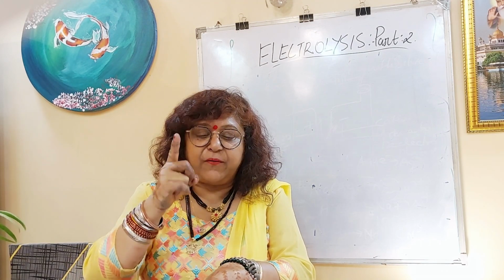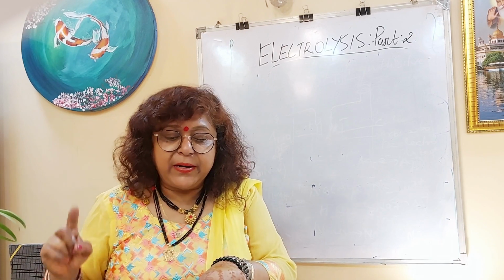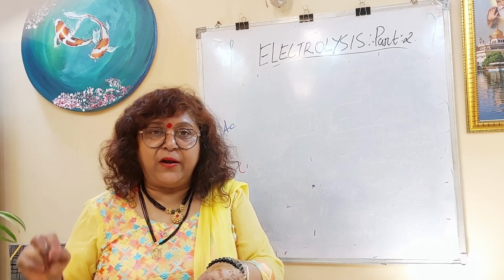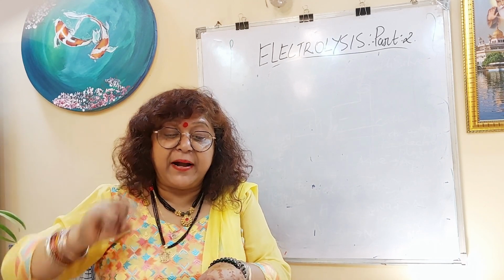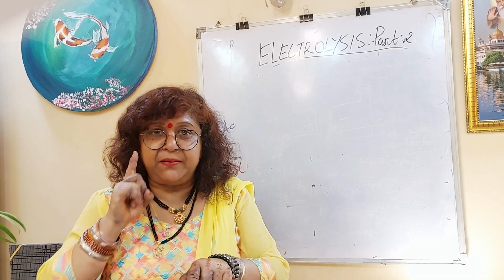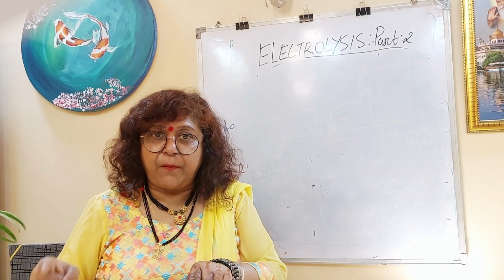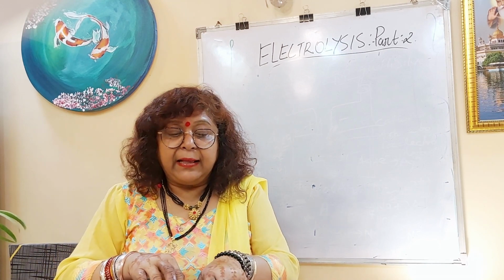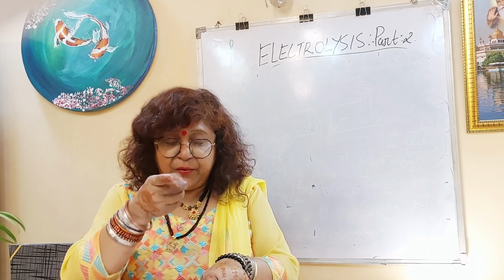The electrolyte is aqueous copper sulfate, the cathode is a pure sheet of copper, and the anode is an impure block of copper, because from there the anode mud will be formed. The diagram is given in your book, page 120. The anode mud is very important, which is formed there, and which will be told to you now.